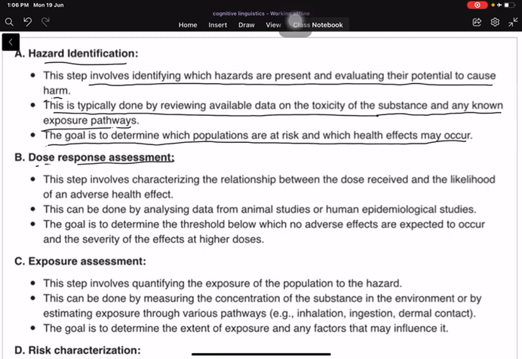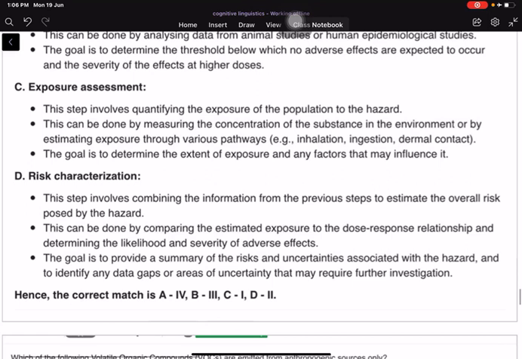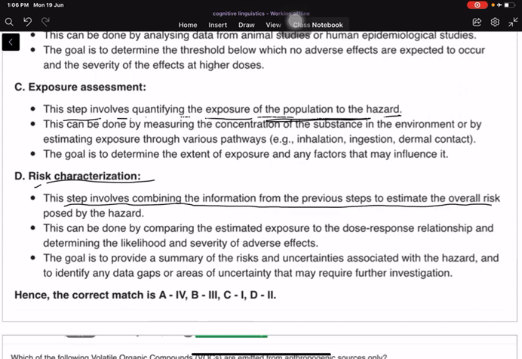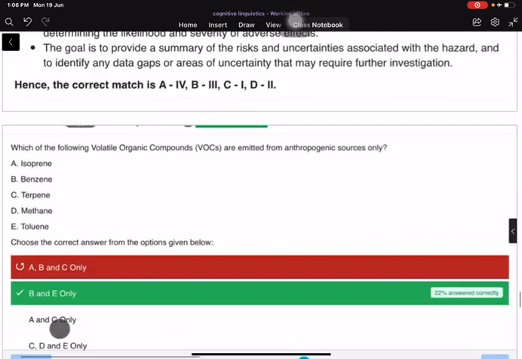Exposure assessment: this step involves quantifying the exposure of the population to the hazard. Risk characterization involves combining the information from the previous steps to estimate the overall risk posed by the hazard.